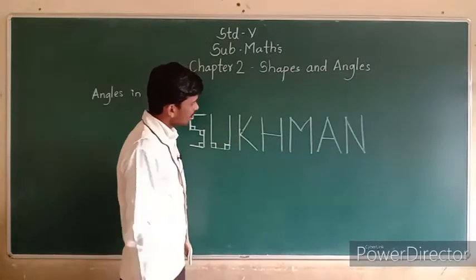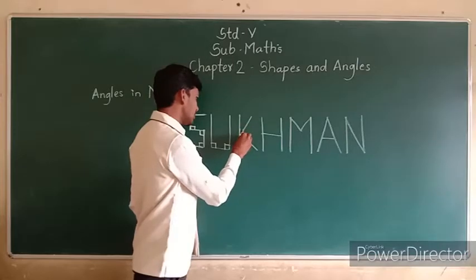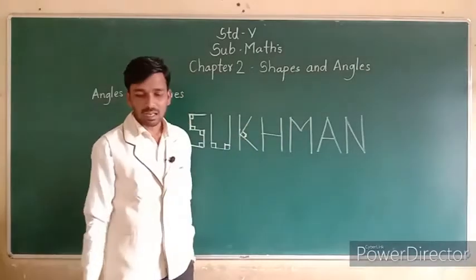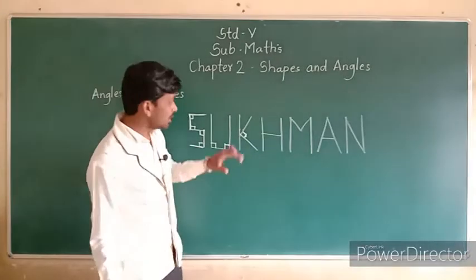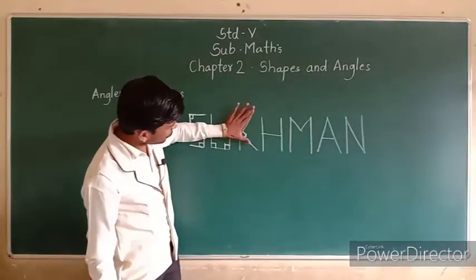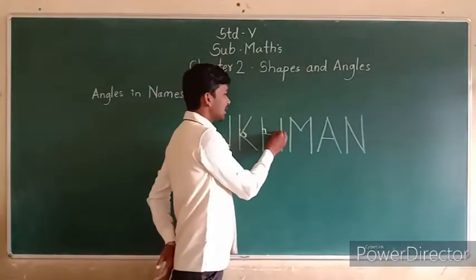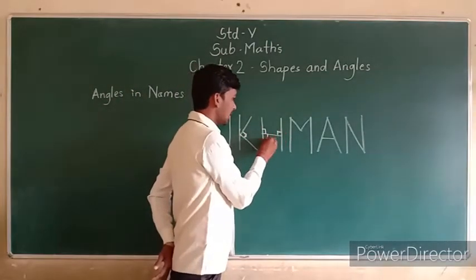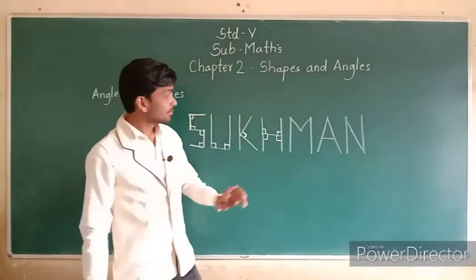Okay, in the middle, this is a right angle. That is looking like the shape L. Okay, here see, this is a right angle. In that H there are 4 right angles.